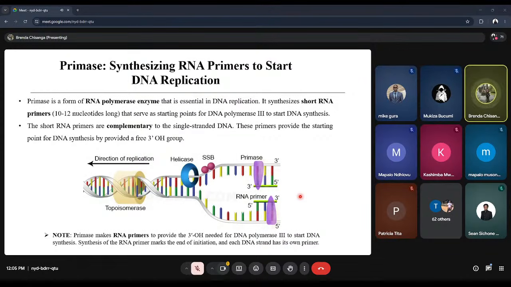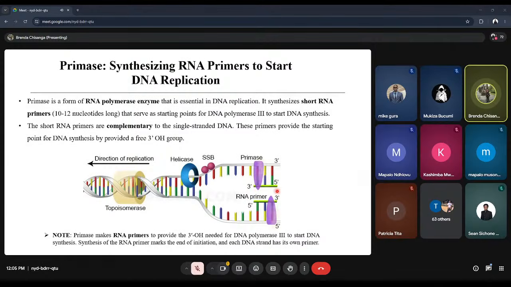Now, remember, we said DNA polymerase 3 can only add a nucleotide in the 5' to 3' direction, right? So if you can see my pointer there, we are going to have a primer here. This is a primer, not a primase.